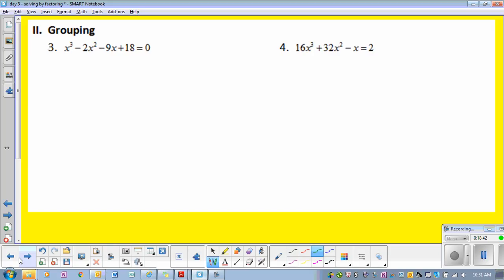All right, so let's look at the next part, the grouping. Grouping means that we have 4 terms, right? Number 3 is already equal to 0. Okay, guys, let's group this. Find the GCF on the left-hand side and the GCF on the right-hand side. x squared.